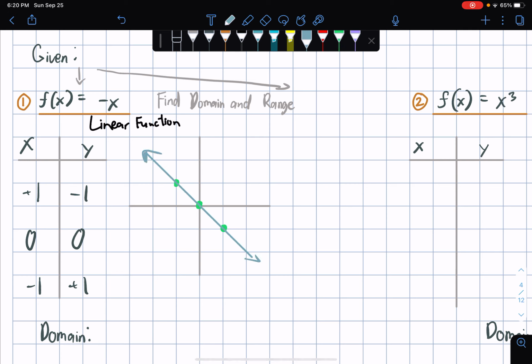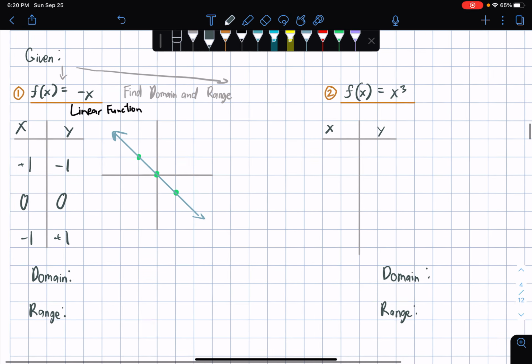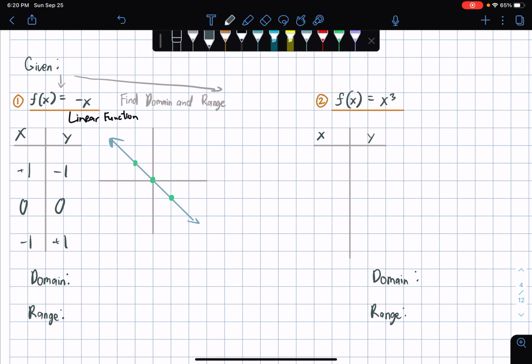This is one of the most enjoyable functions to graph, since it's really easy. And as you can see here, it's a diagonal line, and it stretches all the way to the northwest, and the other side reaches all the way through the southeast of the Cartesian plane. So for the domain, let me tell you this in advance.